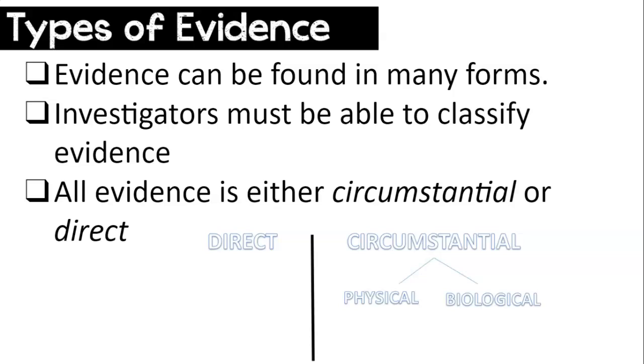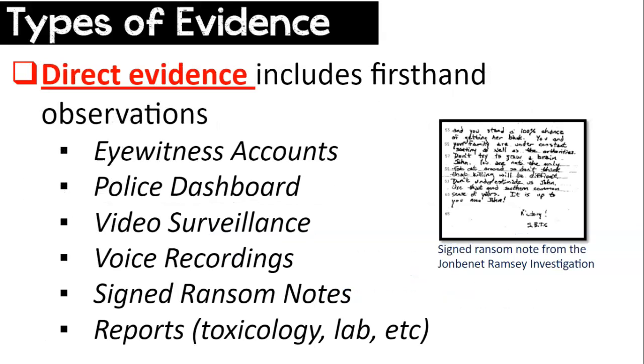So there's two umbrella terms for evidence, and it's important to be able to classify this evidence. It's either direct or circumstantial. And from that, it can be broken down even further, but let's just get into the big umbrella terms. Direct evidence is firsthand observations.